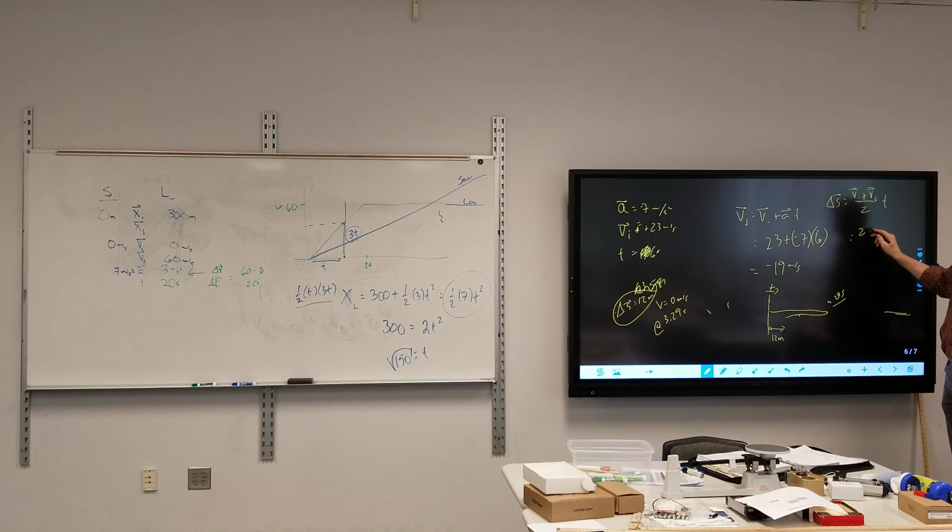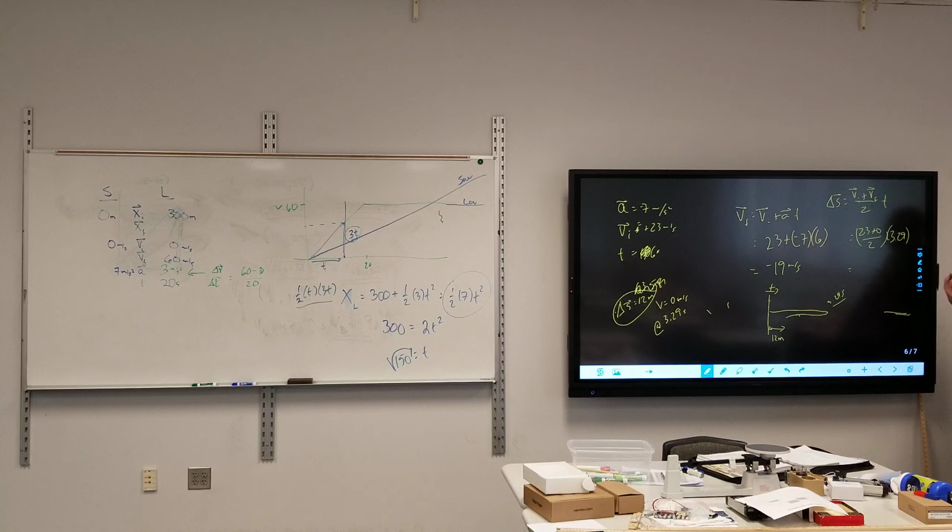So that's going to be 23 plus 0 over 2 times 3.29, which is some number. Let's see, so around 34. I think 37.835. 37.835 meters, yeah.